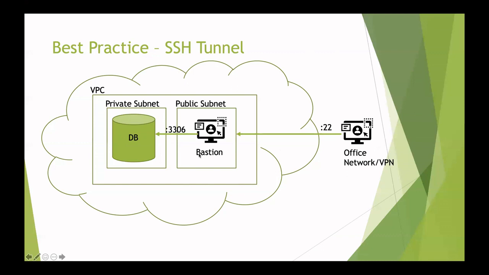A bastion is a special type of instance, like a computer, that is in the public subnet. That instance is exposed to the internet, but only that instance can access the database.